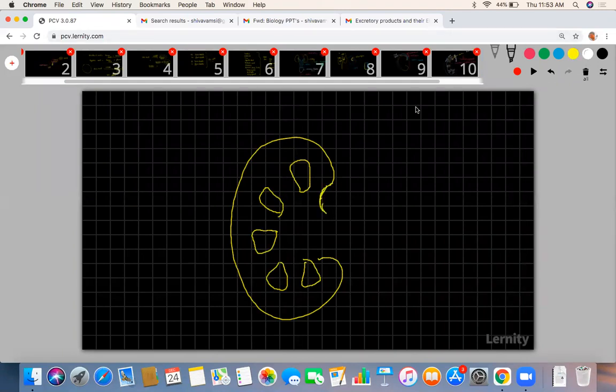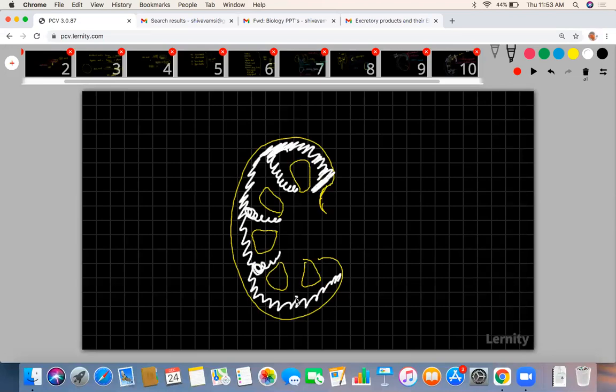So this region is your cortex. There are some regions between these pyramids where the cortex will come inside. So what are these regions called?